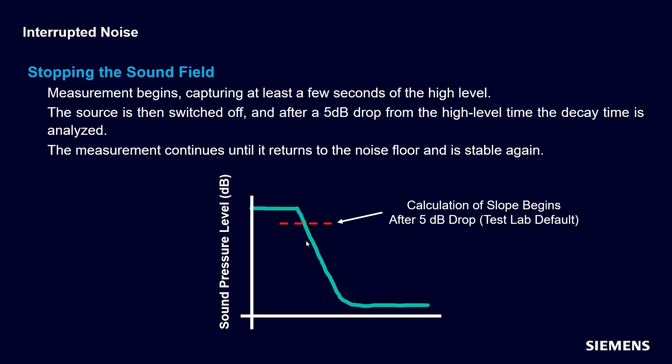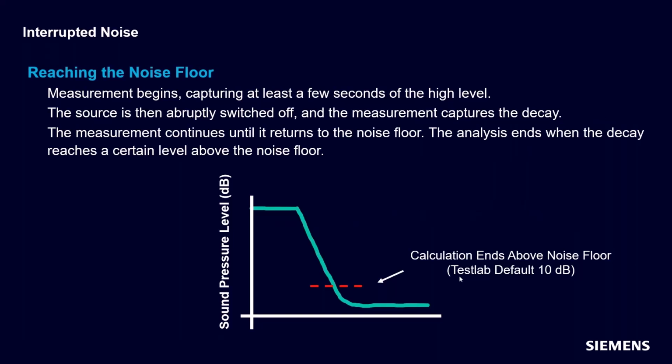So if you wanted to change this parameter, the user would be able to do so. We continue measuring or analyzing or calculating the reverberation time along this slope until we get to a certain level above the noise floor of the measurement. Just like having this high level time, we don't want to include the noise floor in our calculation of the slope because it's going to skew the results. And so we specify a certain level above the noise floor.